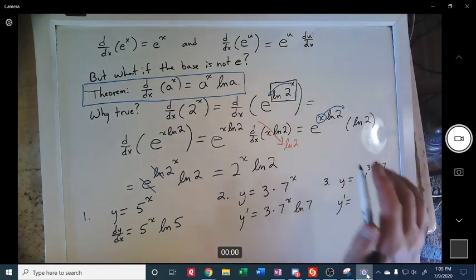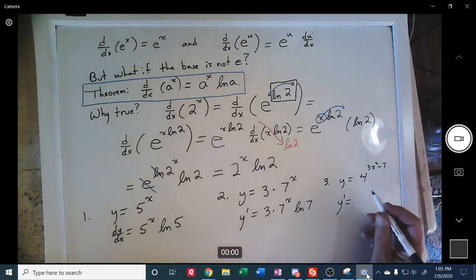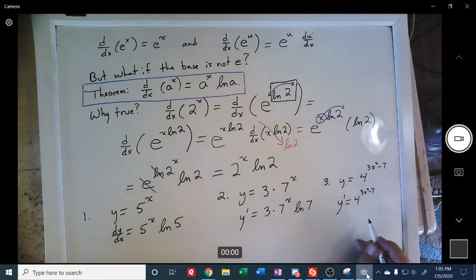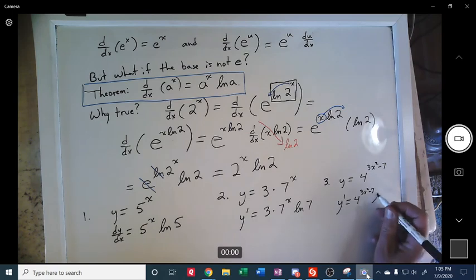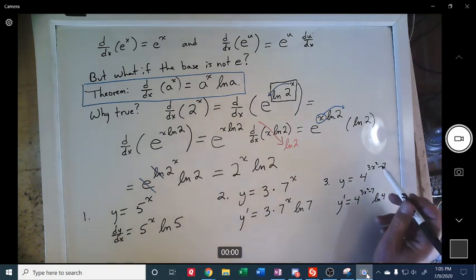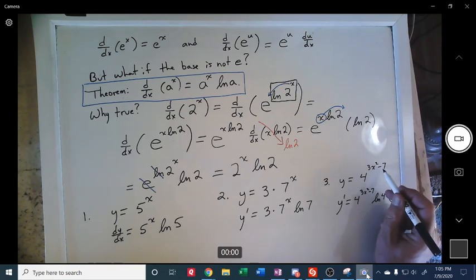So the derivative of e to the u is e to the u, penalty factor for having the wrong base, and then you have to tack on the derivative of the inner function, the u, and that's going to be 6x.